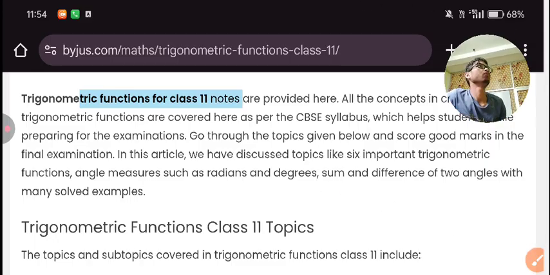Trigonometric function. We are crystal clear about functions. So now we have the trigonometric functions chapter. If you came from 10th standard, you will be familiar with what trigonometry is.